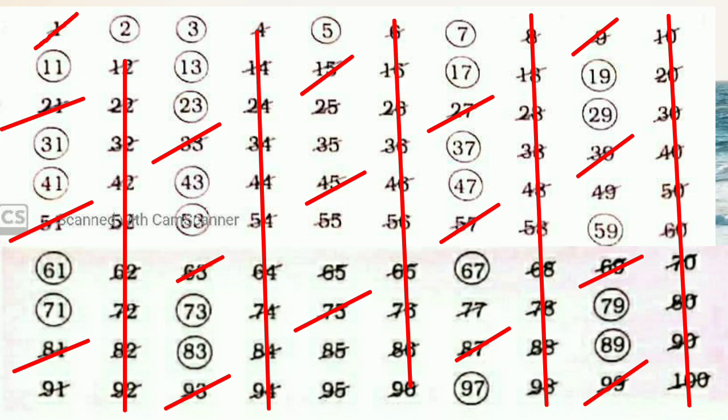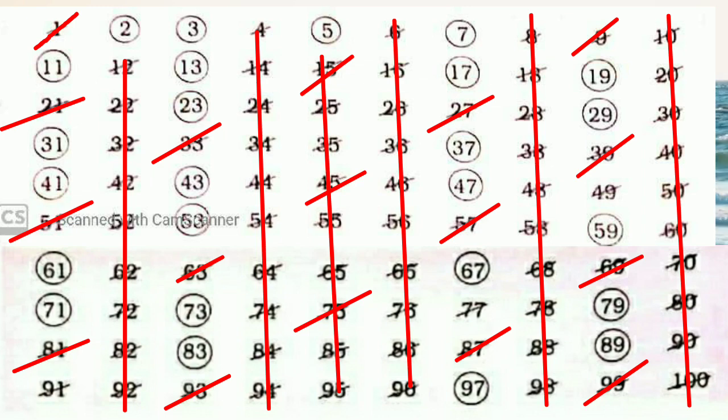These numbers are the multiples of 5, because at the ones place 5 and 0 are given. So these numbers have 5 as a factor, so these numbers are composite numbers. Some numbers have already been removed from the list, and the remaining numbers we will eliminate now. So these are the remaining numbers which are uncut.